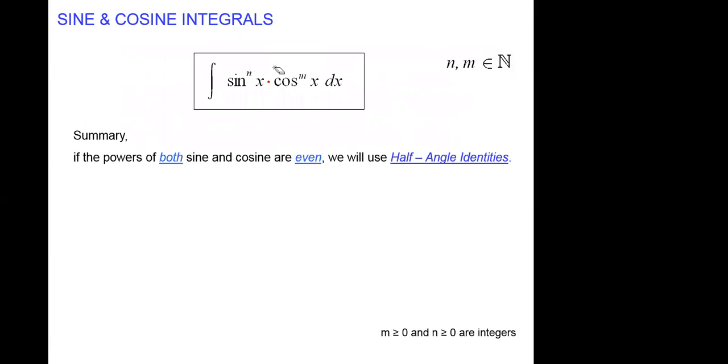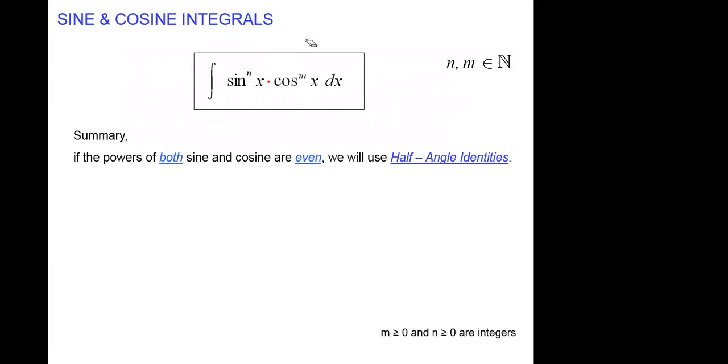We know that's a big difference, because we like even exponents, even powers, since the Pythagorean theorem or other identities based on it are helpful. If it's odd, we have to do different things.